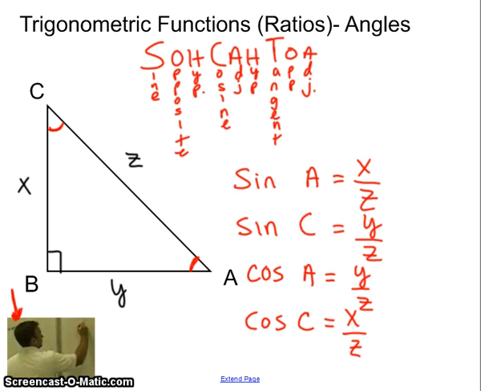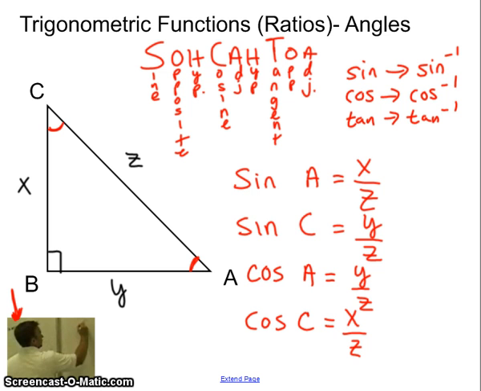Now, what you're going to need to know in each problem is that sine, cosine, and tangent all have an inverse. Inverse of sine is sine inverse, inverse of cosine is cosine inverse, and the inverse of tangent is tangent inverse.